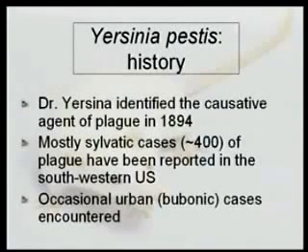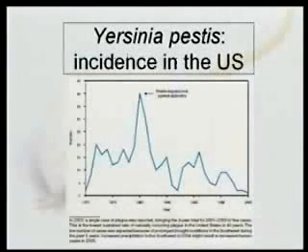There are occasional human cases as well. A few weeks ago, MMWR reported 4 cases, within a few weeks of each other, and one of them was lethal. The occasional bubonic, urban plagues, that's where the term buboes comes from, B-U-B-O-E-S, and we'll see what the buboes are.